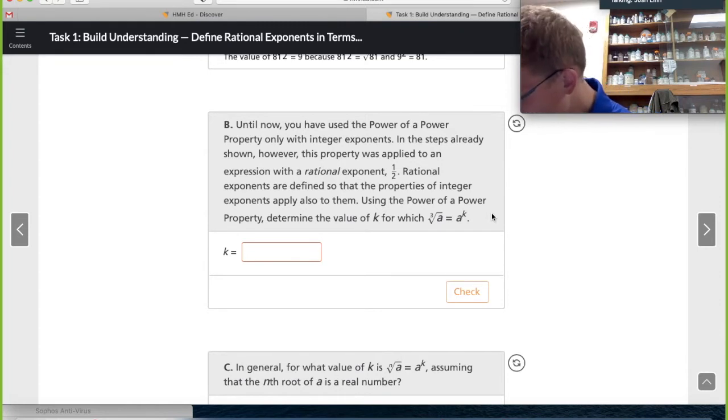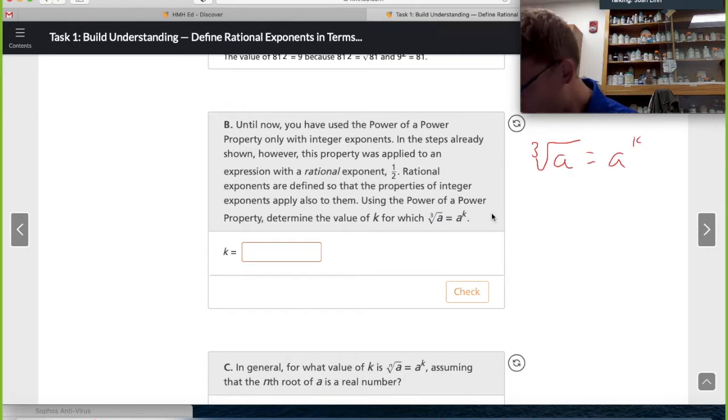Again, we're going to do the exact same thing that we did earlier, except this time with a cube root. So we've got the cube root of a equals a^k. We're going to get rid of that cube root, so we're going to cube both sides. We're going to cube that side and this side.